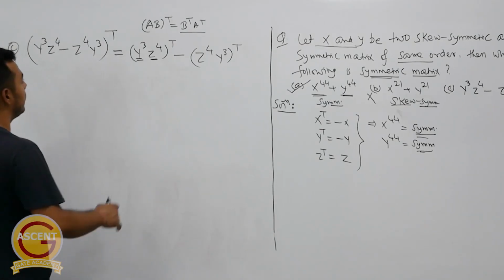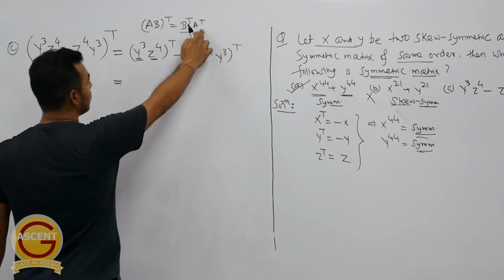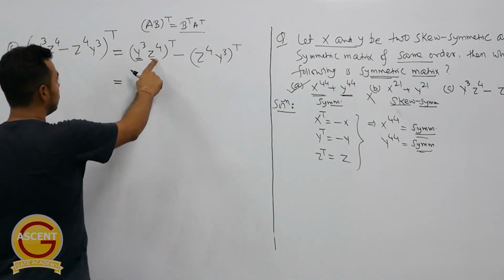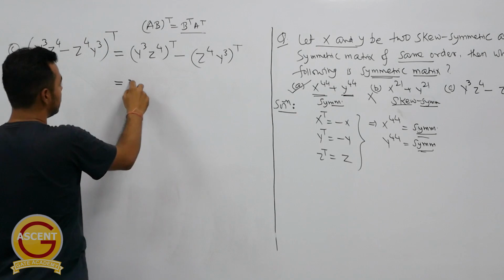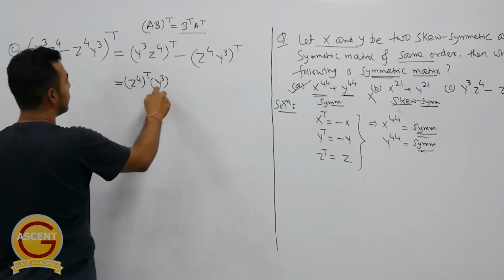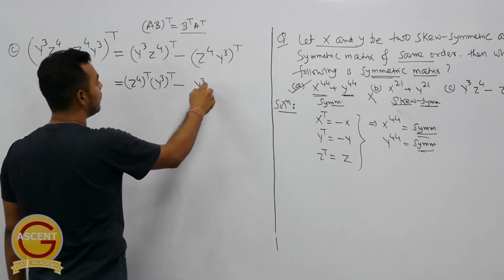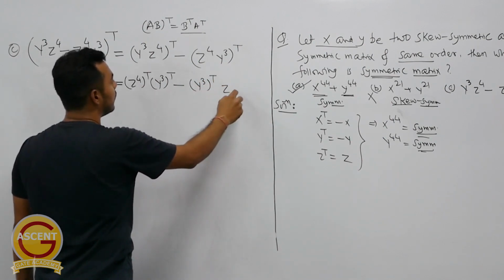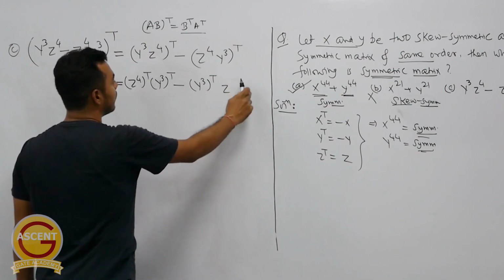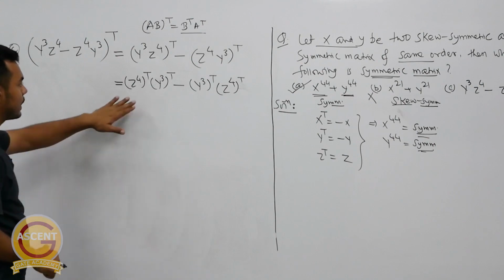The reversal law of transpose was (AB) transpose is B transpose into A transpose. So I can write this as (z to the power 4) transpose (y cube) transpose minus, again (AB) transpose is B transpose into A transpose, so (z to the power 4) transpose. So this was the reversal law.